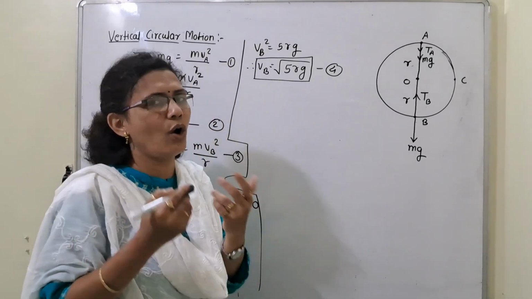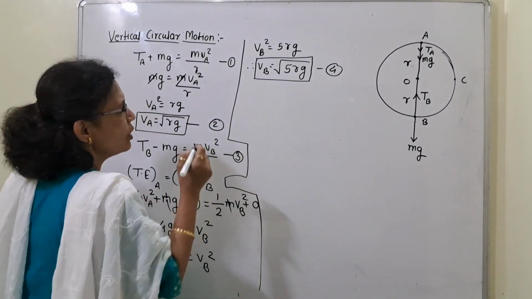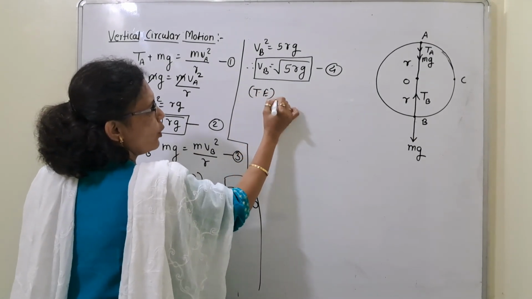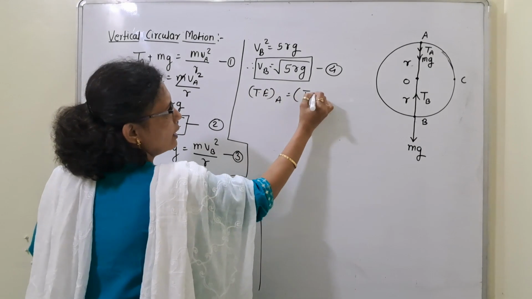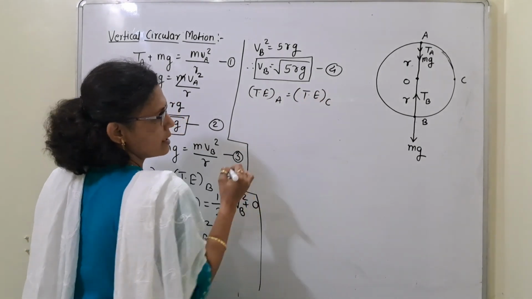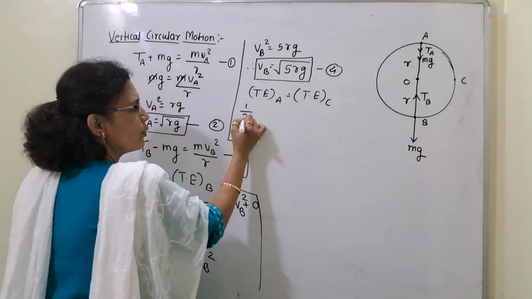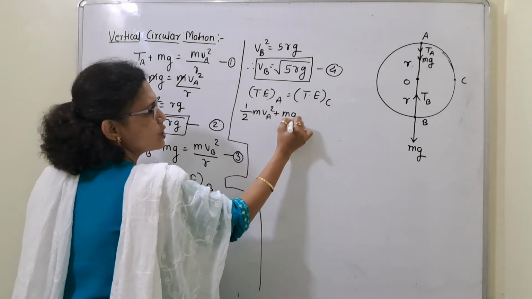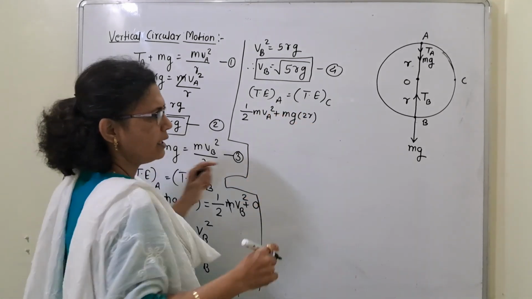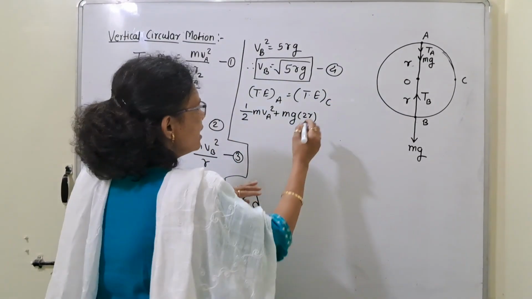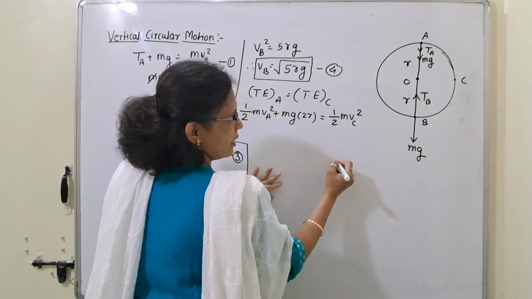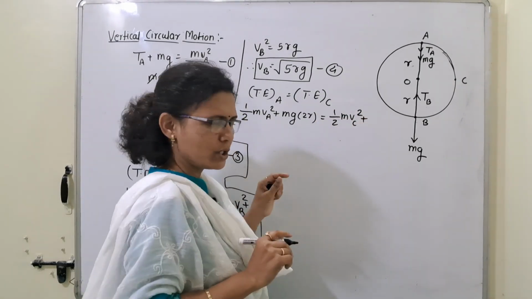Again, we will use the law of conservation of energy here. What will become? See, total energy at point A is equal to total energy at point C. So 1/2 mVA square plus mg into twice r, correct? Height is 2r, is equal to 1/2 mVC square plus what will be the potential energy here?